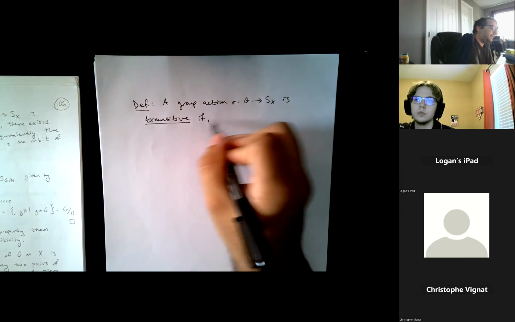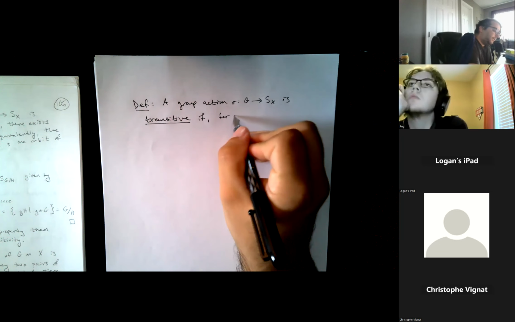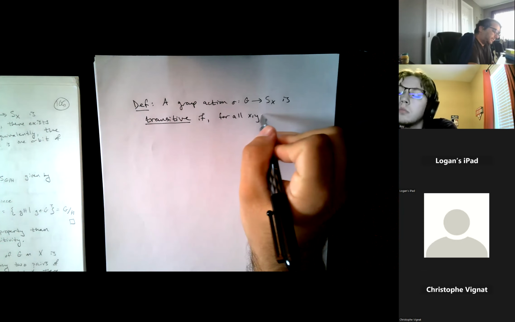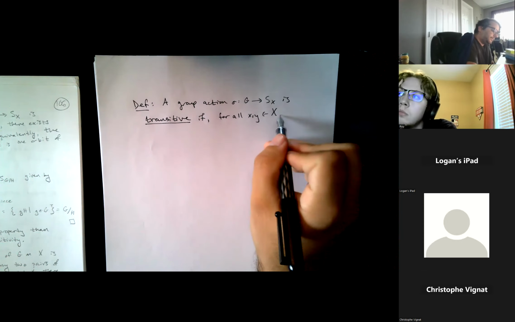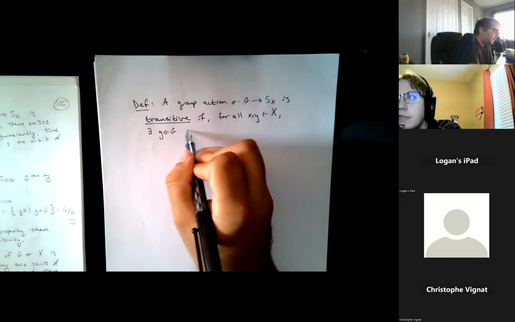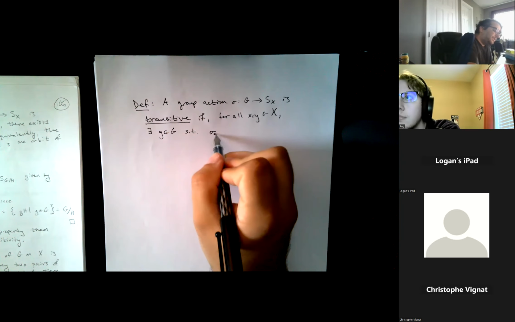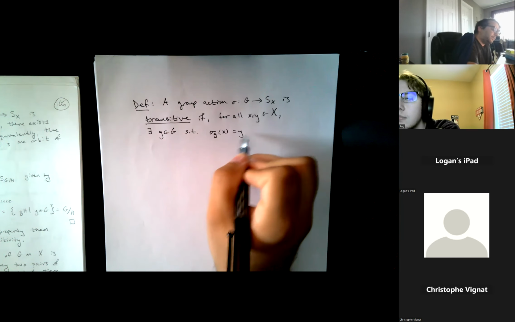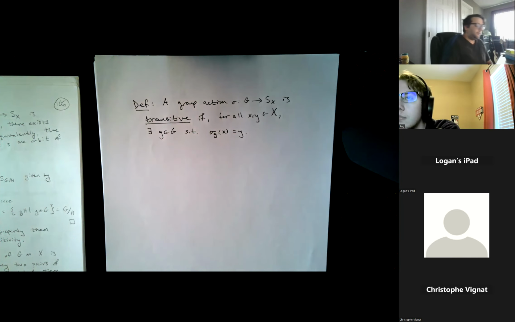So another way to write that is for all x, y in X, there's a g in G such that sigma g of x is equal to y. So, an equivalent way of expressing this is that the action is transitive if there's only one orbit. So all elements are connected by the action of a group element.